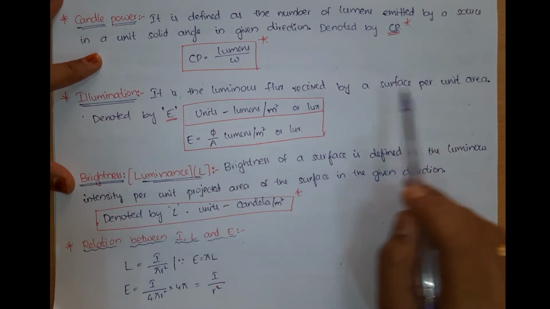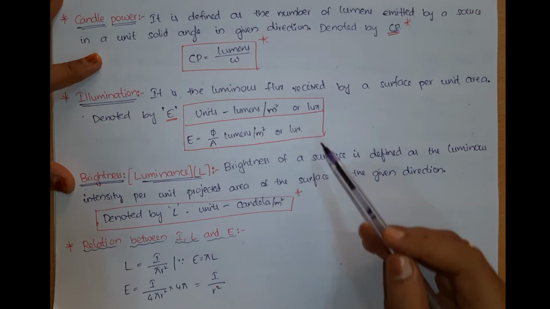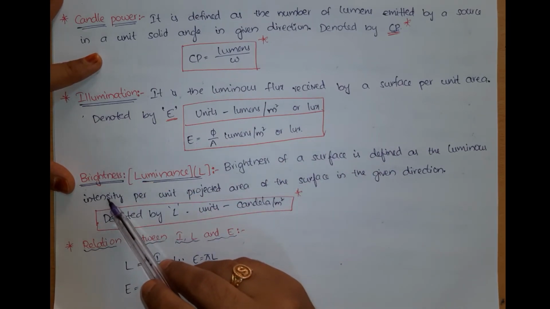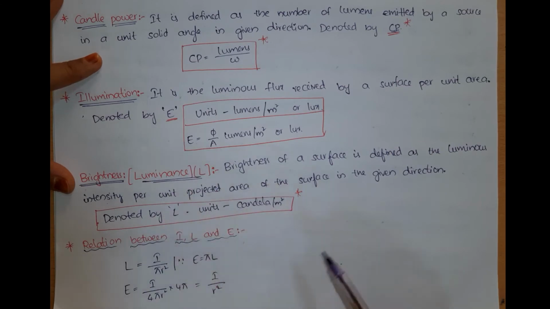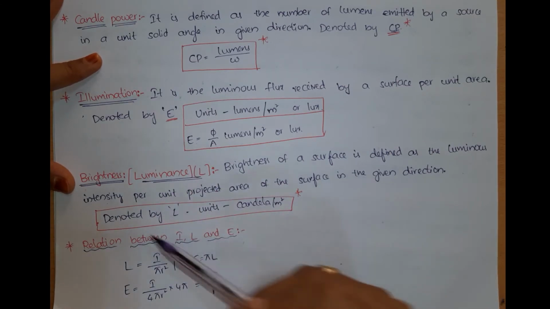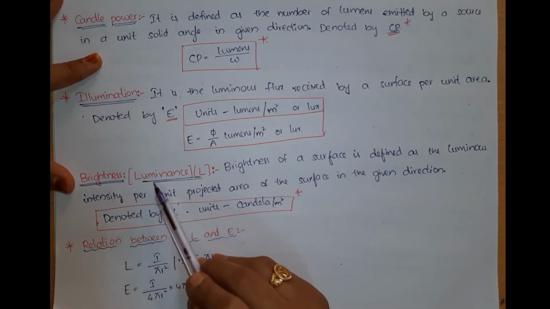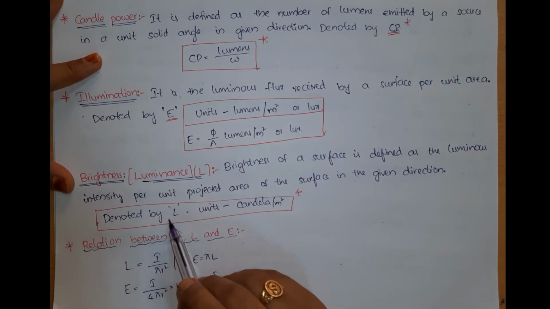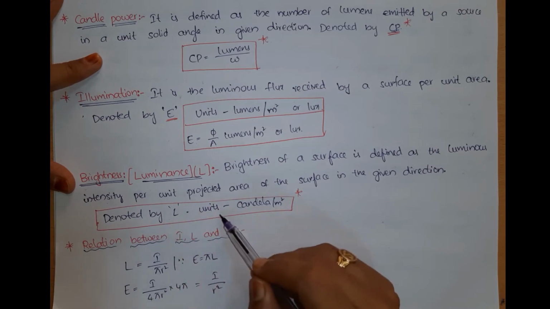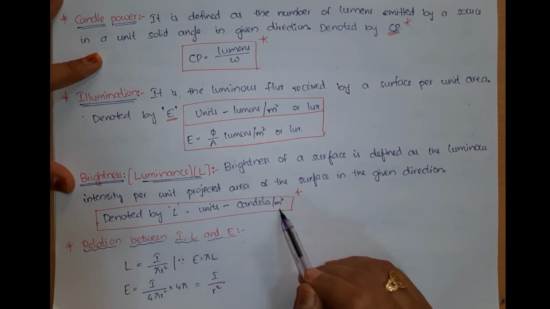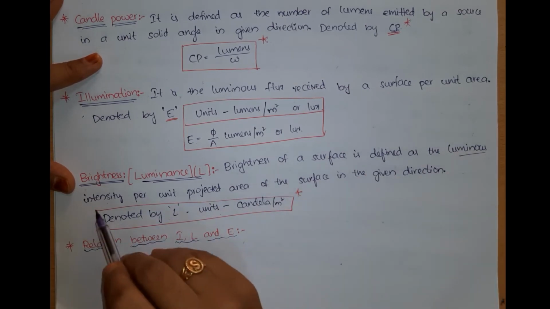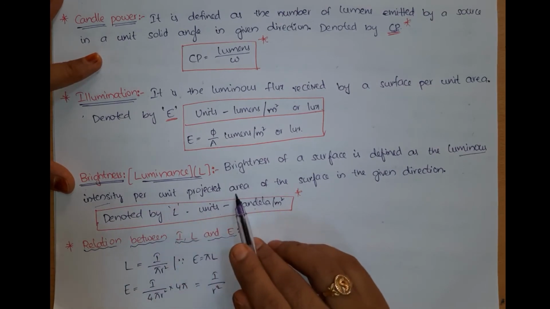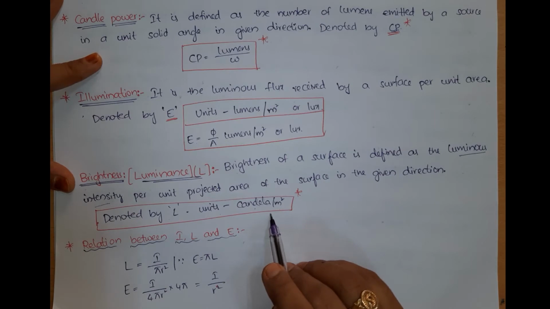Illumination is how much luminous flux is received, but brightness talks in terms of intensity, how intensely that luminous flux falls on the surface. It is denoted by capital L and its units are candela per meter square, because luminous intensity is in candela and the projected area is in meter square.